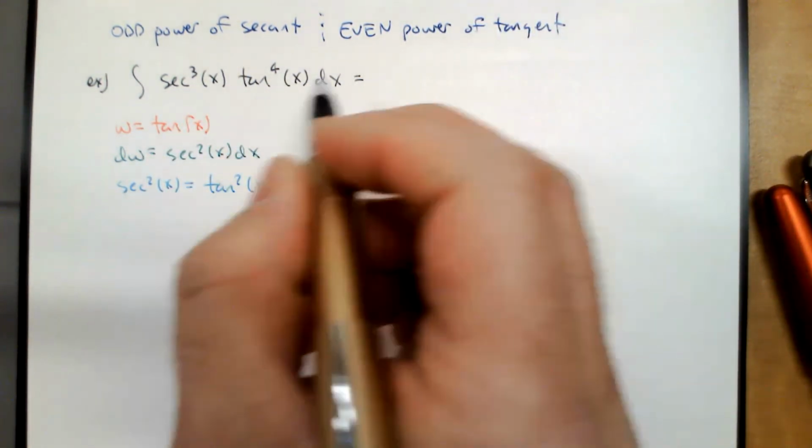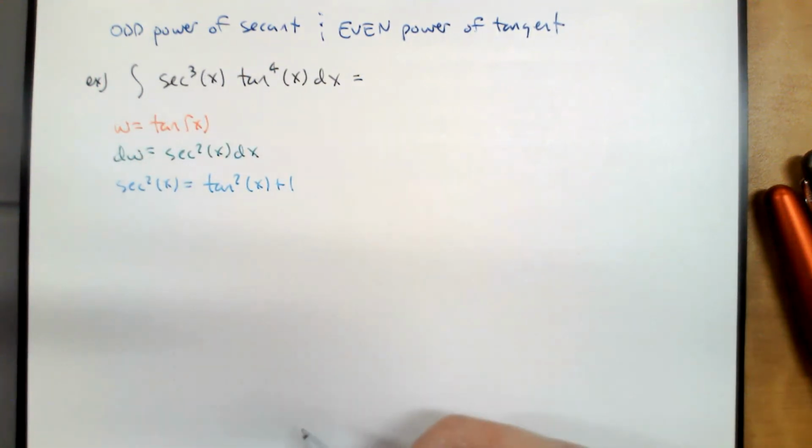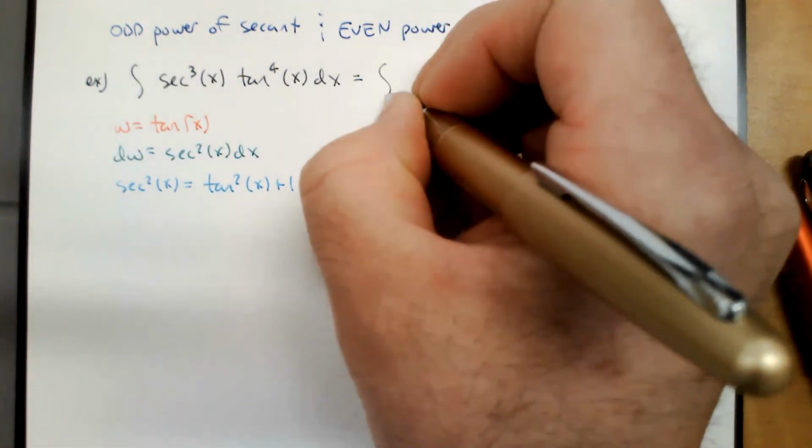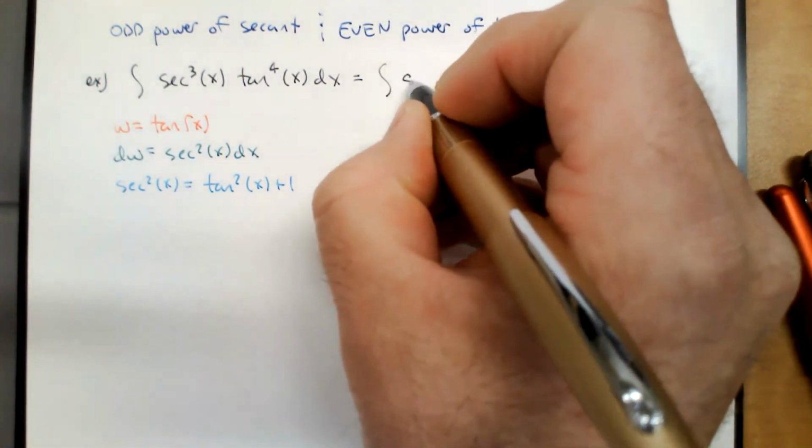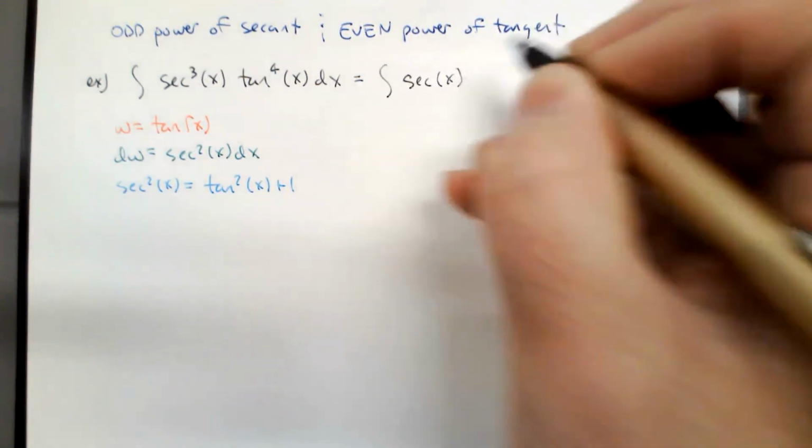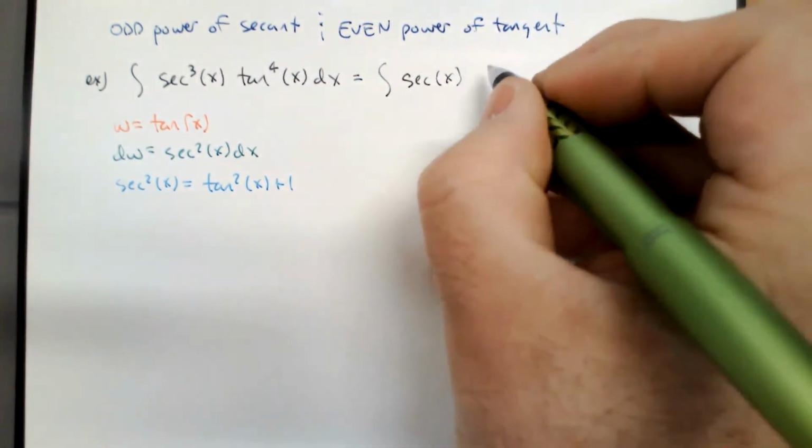Tangents are no problem. Those can all be just W's, but this secant cubed, I can save 2 factors of the secant to be the dW.